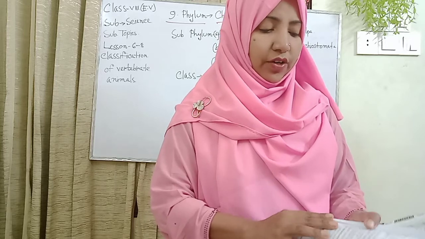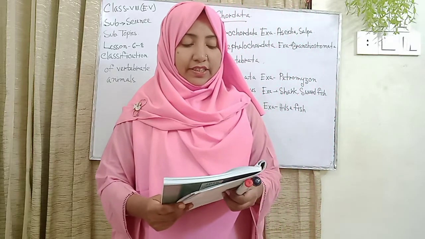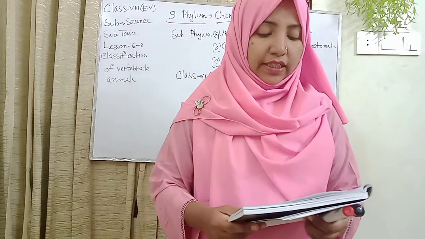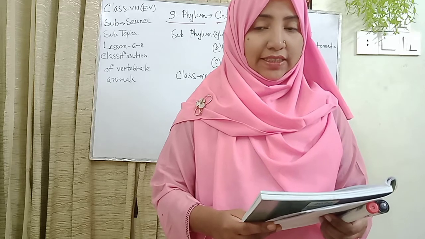Next, the general characteristics of chordates. First characteristic is the notochord, a rod-like, semi-rigid structure.